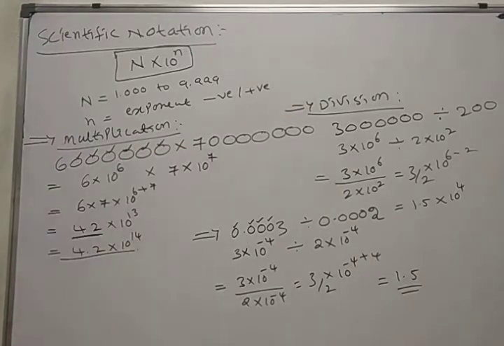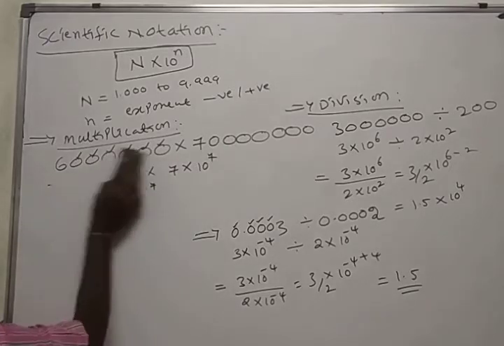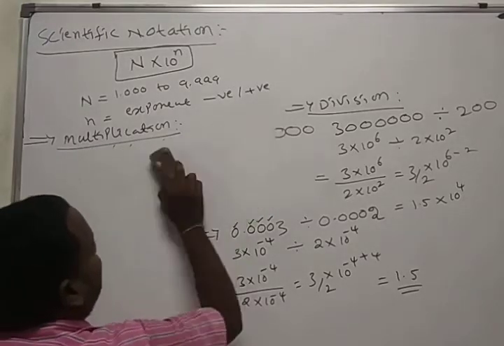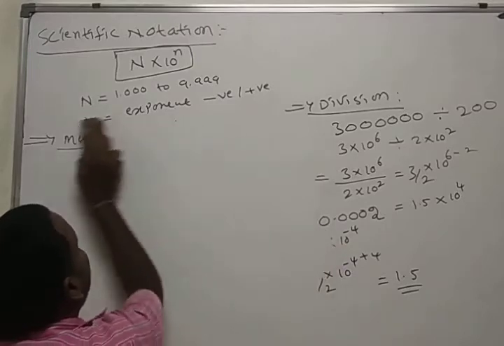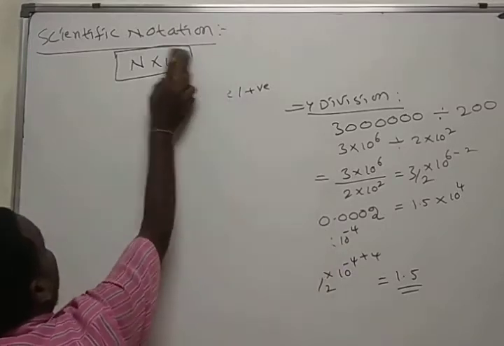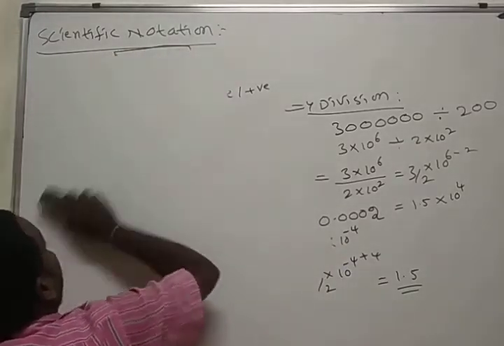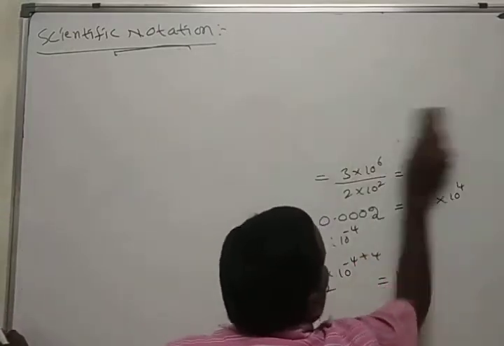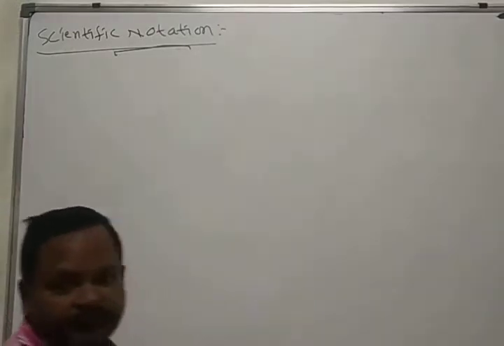We do multiplication like this. You take any number. Suppose, for example, I will give you this multiplication: the Avogadro number and Planck's constant. What is the value of that?